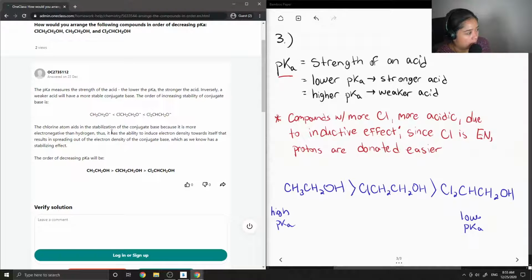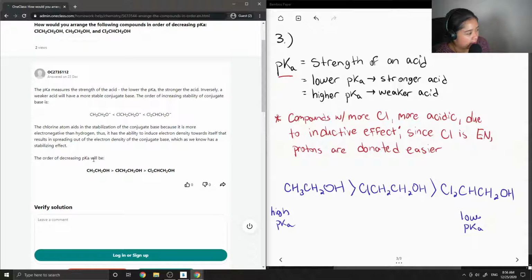Then they show the relationship, and the chlorine atom aids in the stabilization of the conjugate base because it is more electronegative than hydrogen. Thus, it has the ability to induce electron density towards itself, which results in spreading out of the electron density of the conjugate base, which we know has a stabilizing effect.